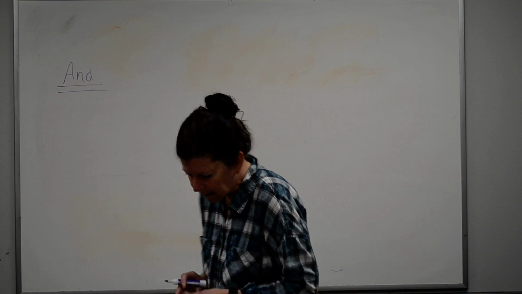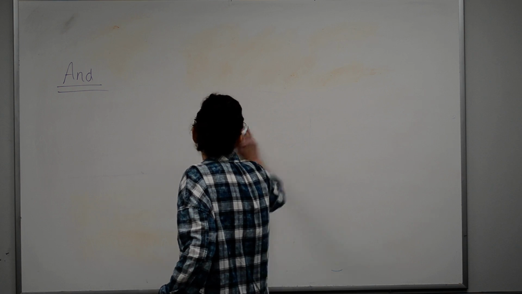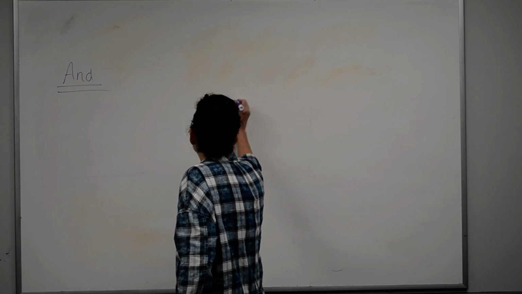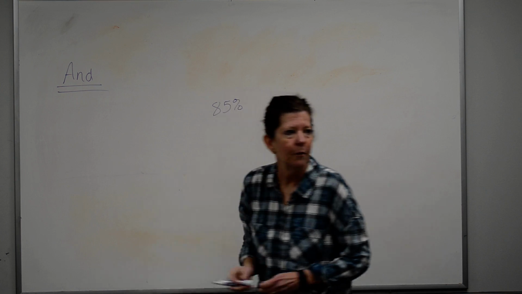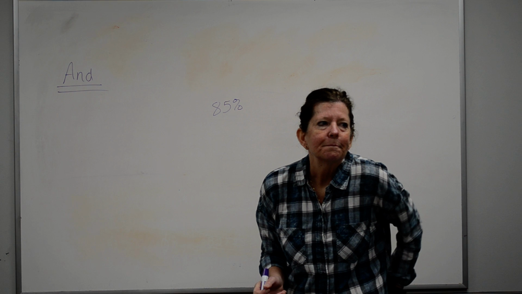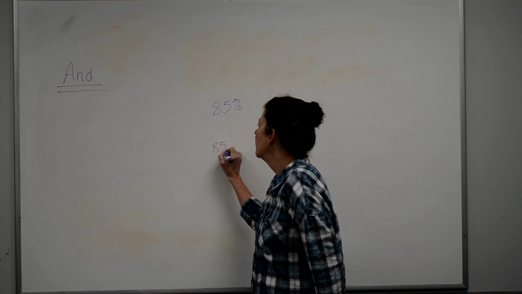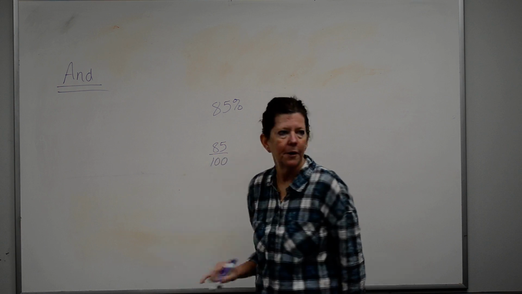So the probability of the first flight is 85%. Any idea what the fraction value of 85% is? How would I find it? 85% is the same as 85 over 100.